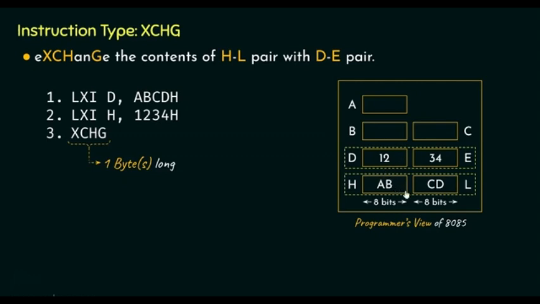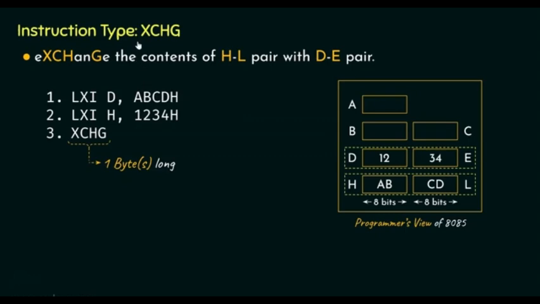And the same thing would have been performed for the remaining part of the register pair as well. Think about it. How many instructions did we need in that case? And how much memory storage space would have been wasted? Instead, having XCHG is actually saving us from all those hassles using only a 1 byte long space. So clearly, this is one of the very interesting instruction types that the 8085 microprocessor has.